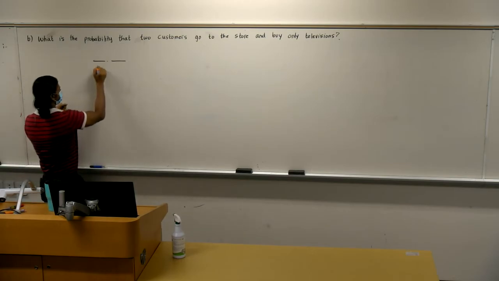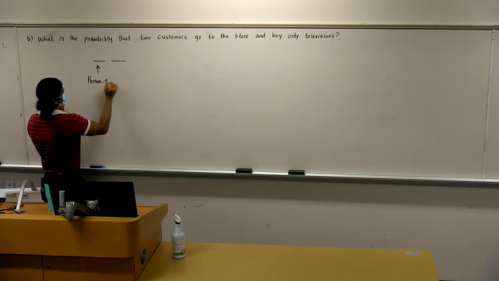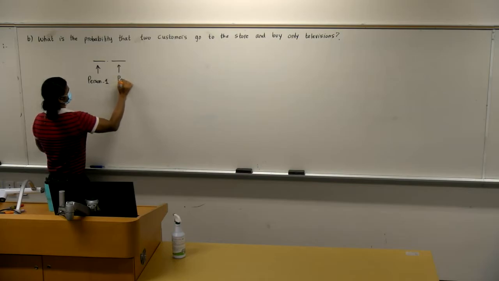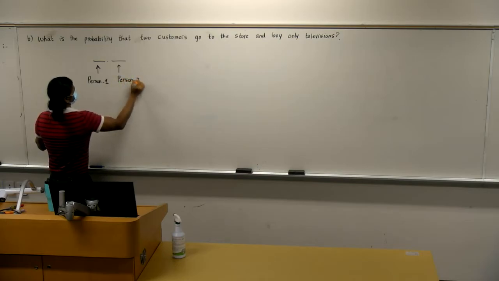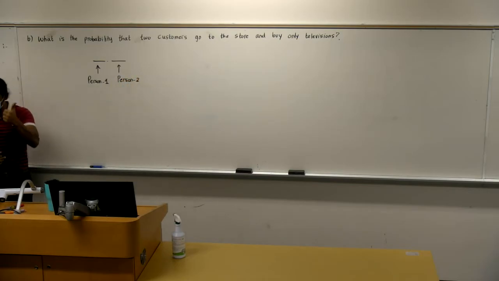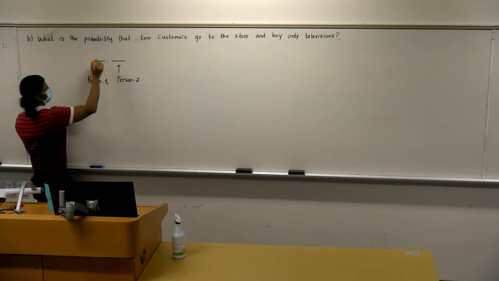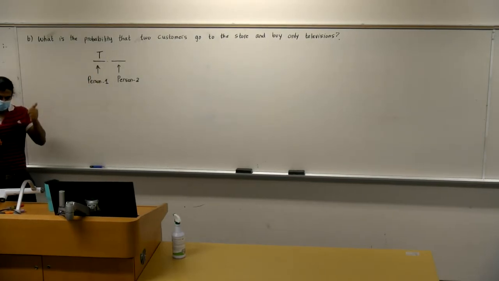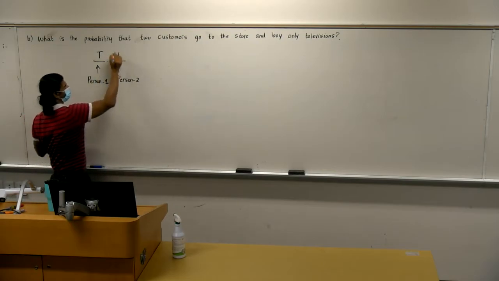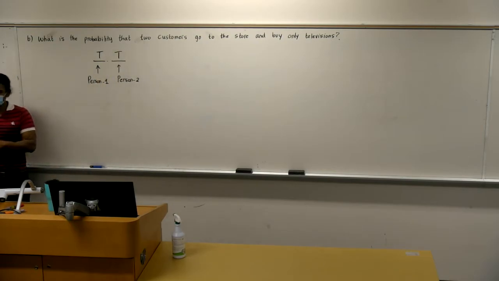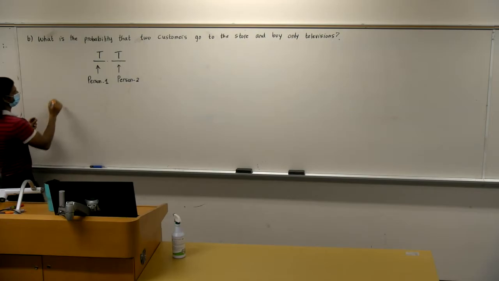First one, so this is person 1. First one gets the television. Second one buys the television. So what we're looking for is the probability that the first person buys a television and the second person buys a television, correct?